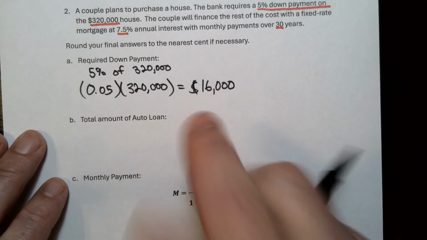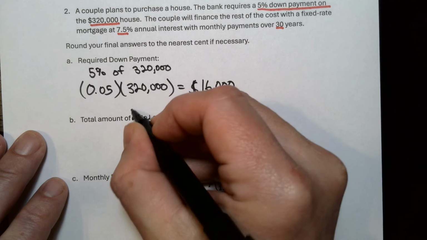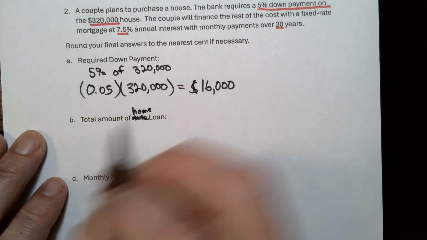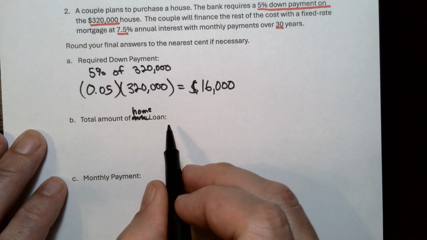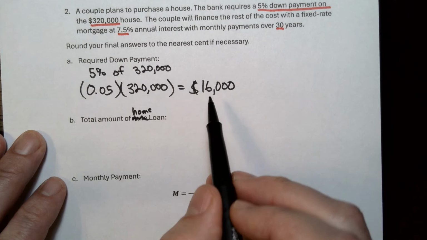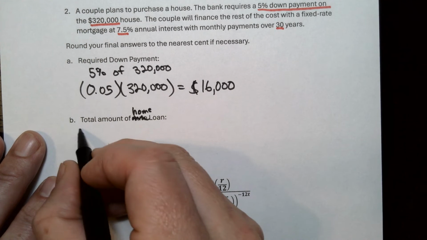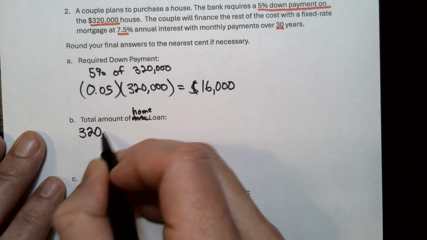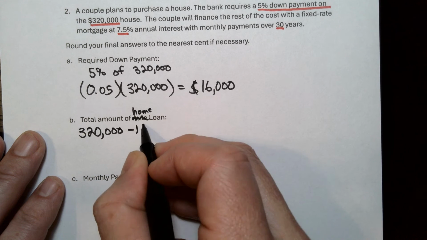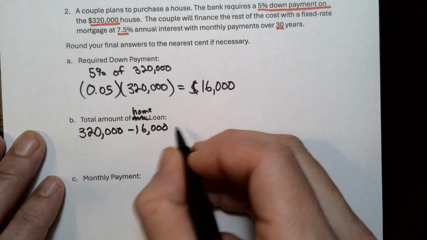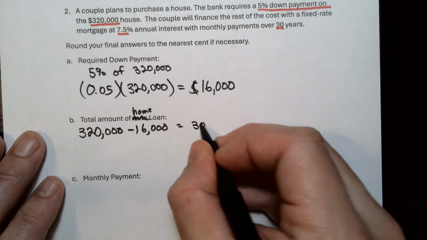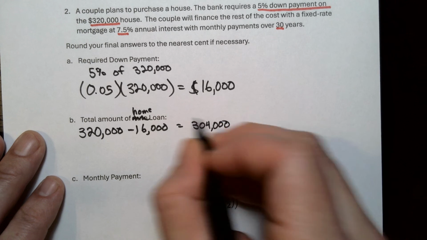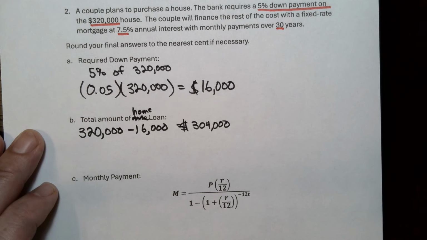How much is left? This wasn't an auto loan, so that was a home loan. The total amount of the home loan will be the total cost minus whatever they paid in the down payment. So it'll be 320,000 minus 16,000. If you put that in the calculator, it's $304,000. That's how much the loan will be for.